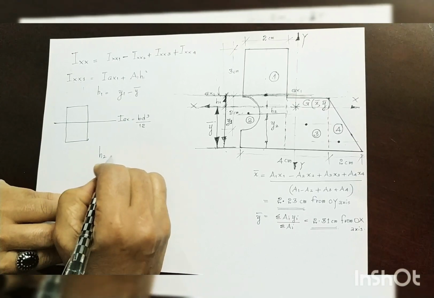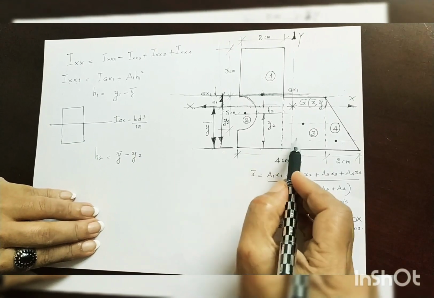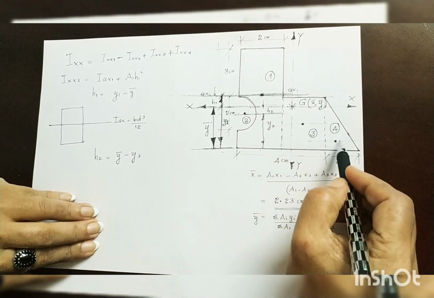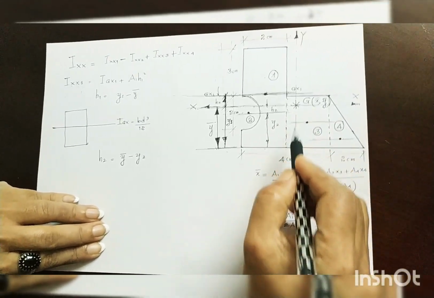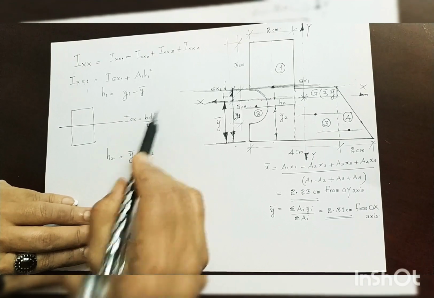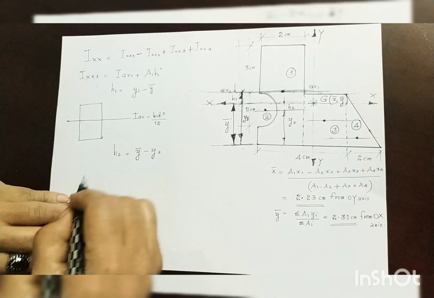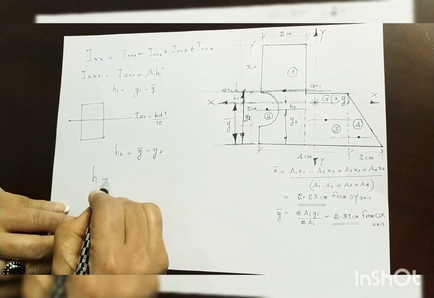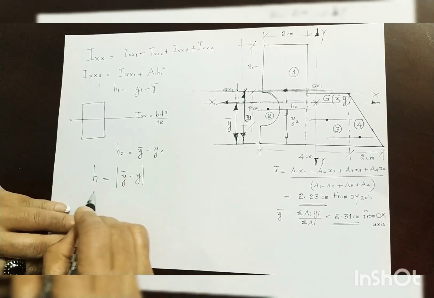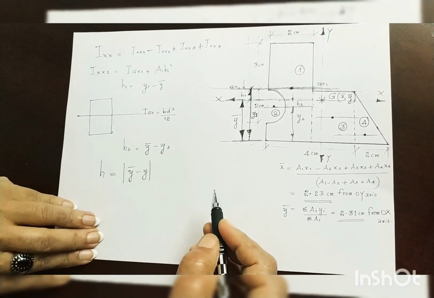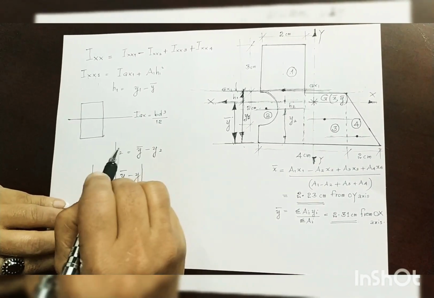In the subsequent cases for 3 and 4, you find that the distance between the parallel axes is either y bar minus y or y minus y bar, as the case may be. So in a generic format, you can write that h in the parallel axis theorem is actually the modulus of y bar minus y, or the absolute value of y bar minus y. Clear? So this is what we are going to determine next.